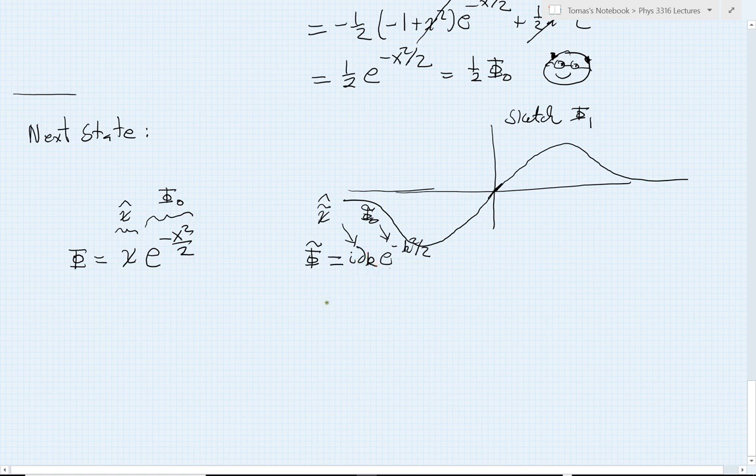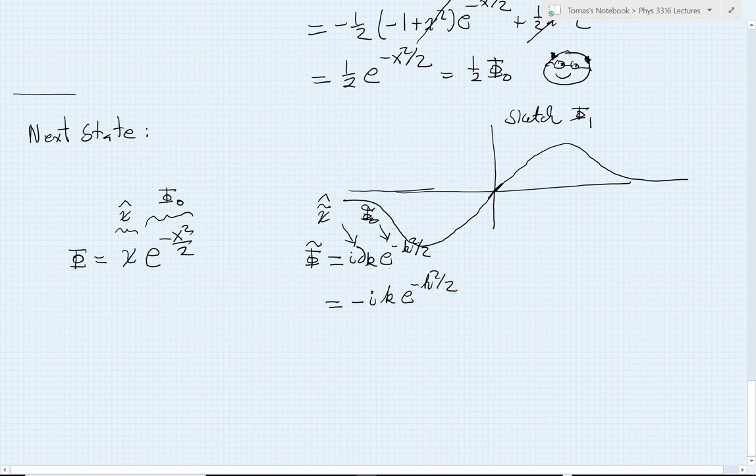If I take the derivative of this function, we've just done it in position space, it's the same in momentum space. I'll get a minus sign, a factor of k, but I had an i, so it'll be minus ik e to the minus k squared over 2.